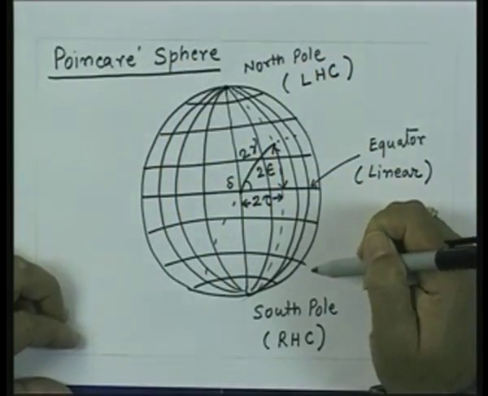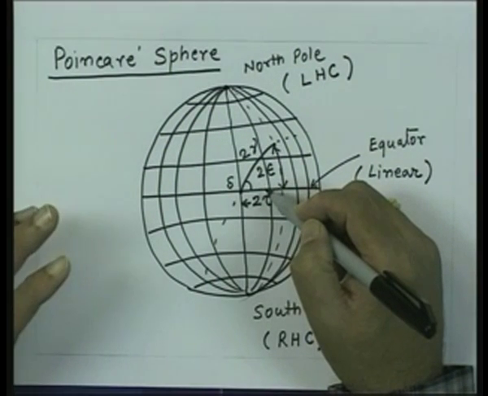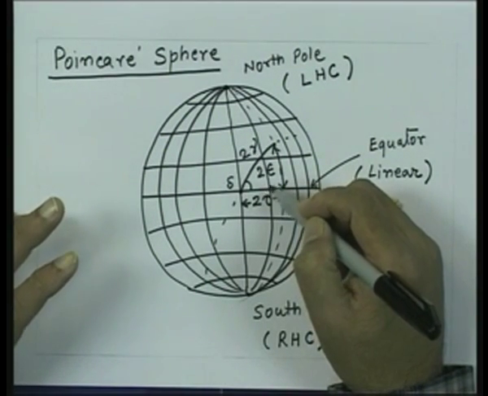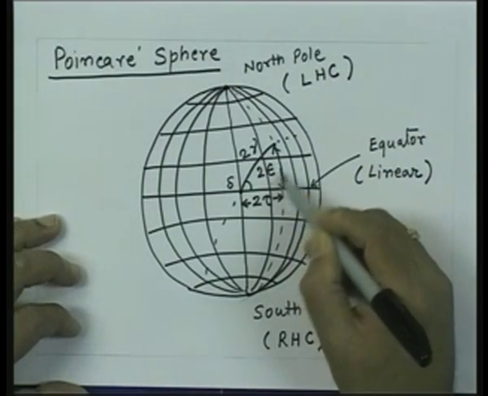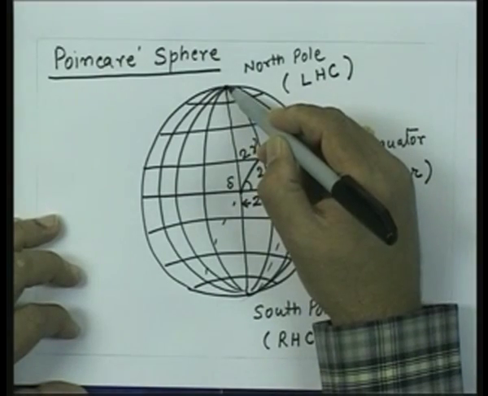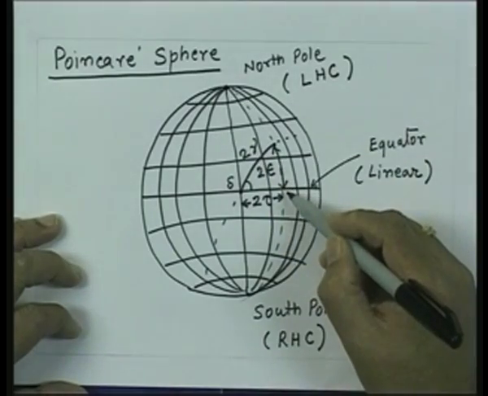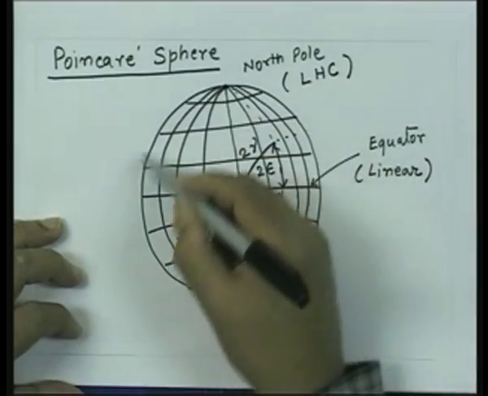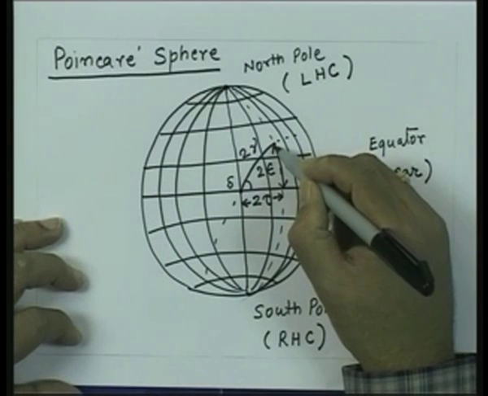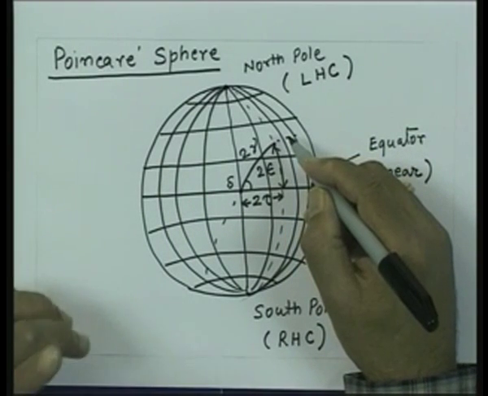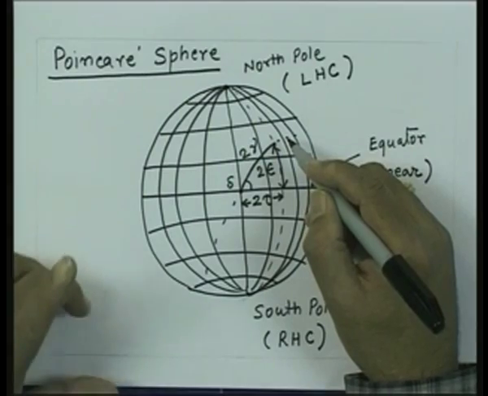If Ey lags Ex, then the sense of rotation is right handed. So, in this case, since delta is positive or epsilon is positive, we have a left-handed sense of rotation, but epsilon is neither 45 degrees nor 0. So, if I take any point in the northern hemisphere in general, a point like this, it will represent an elliptical polarization, but that will be left-handed elliptical polarization.